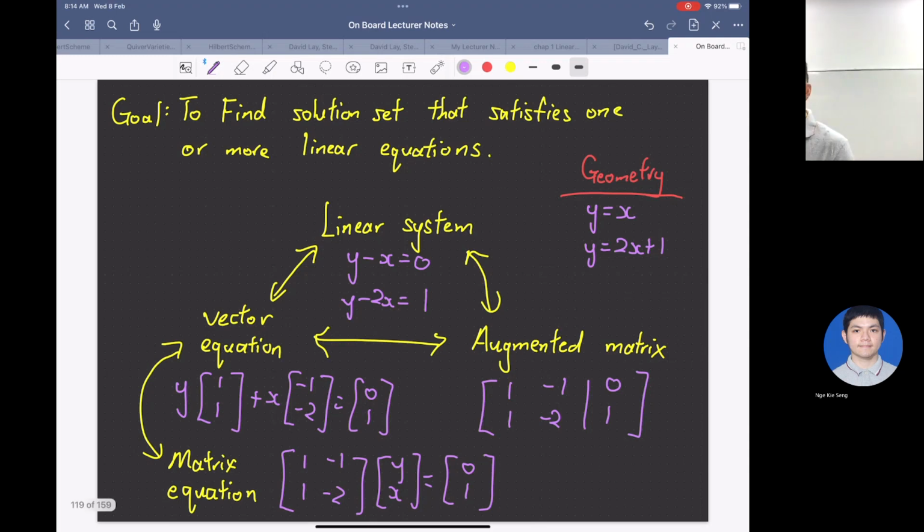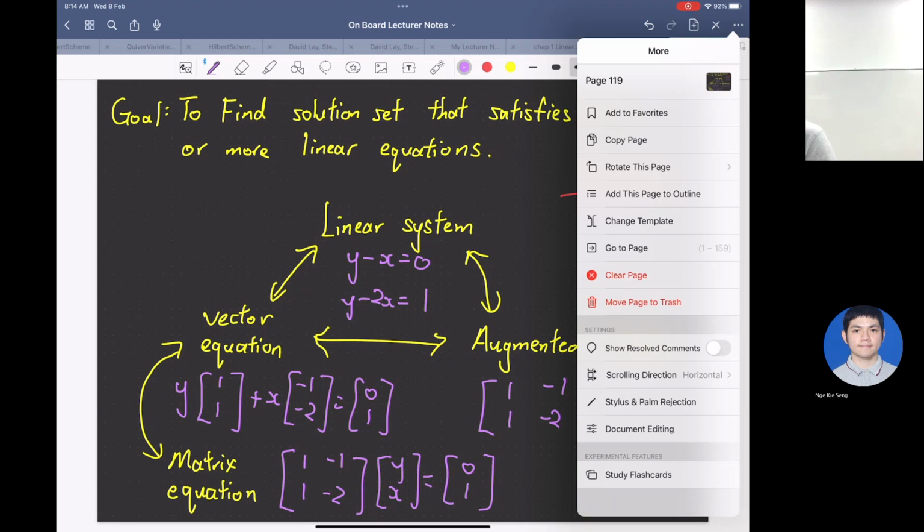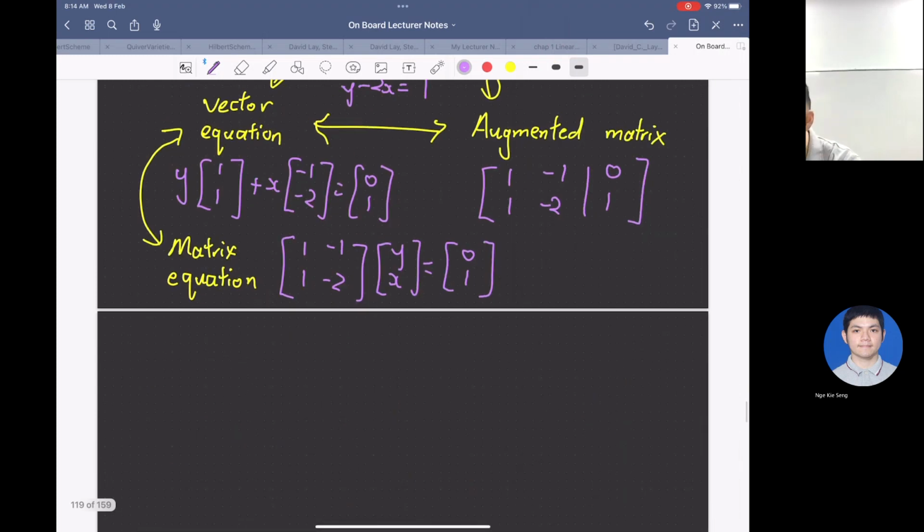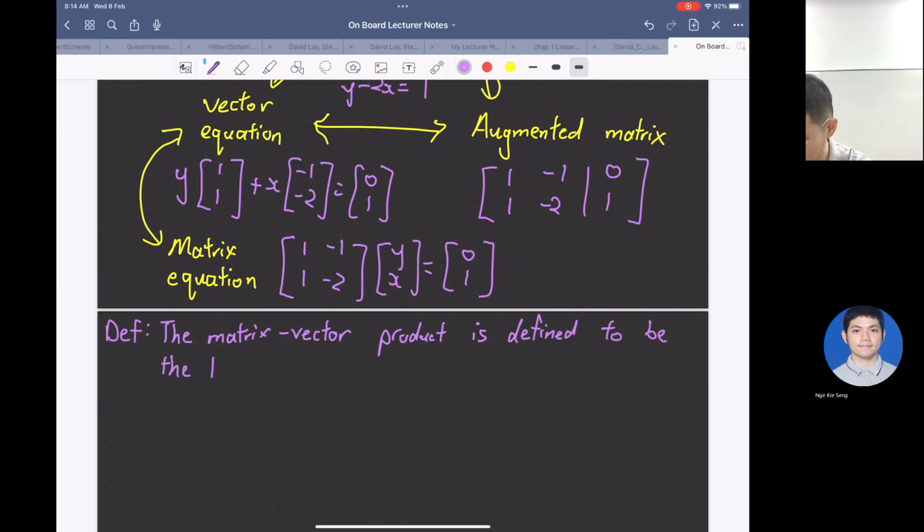So let's remind ourselves again of the definition of matrix vector multiplication. How do you multiply a matrix and a vector together? It is defined to be a linear combination. So remember what a linear combination is.